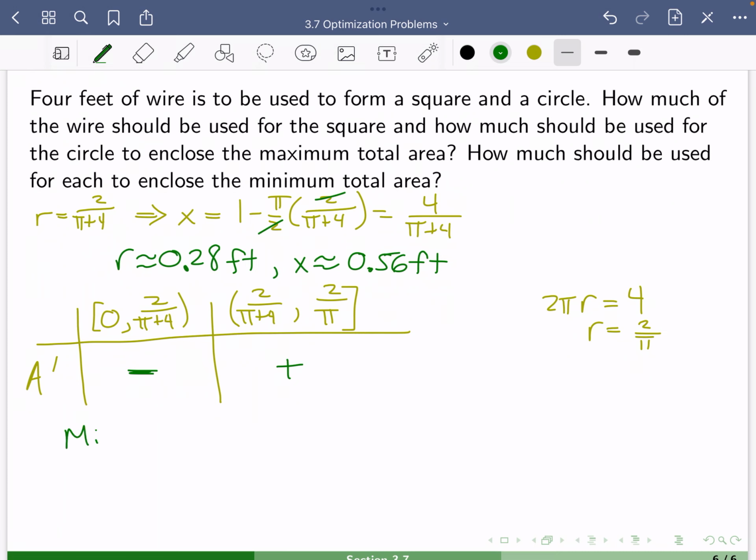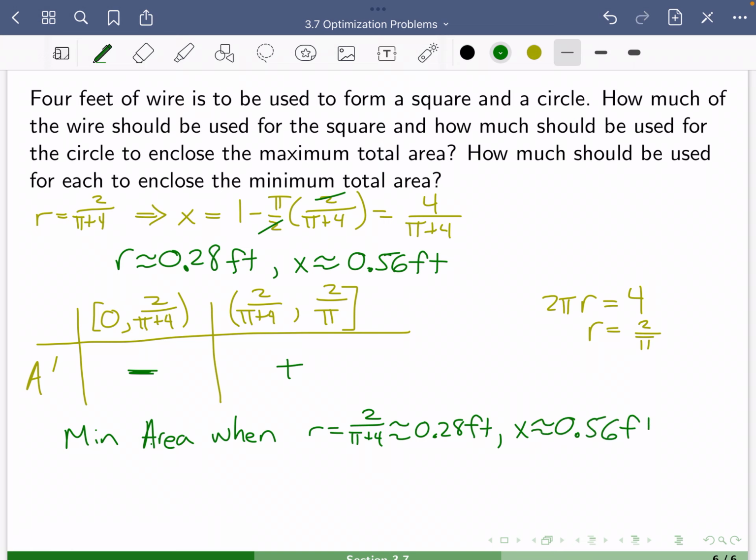So we have a minimum area when r is 2 over pi plus 4, which is approximately 0.28 feet, and x is approximately 0.56 feet. So that's our minimum area.